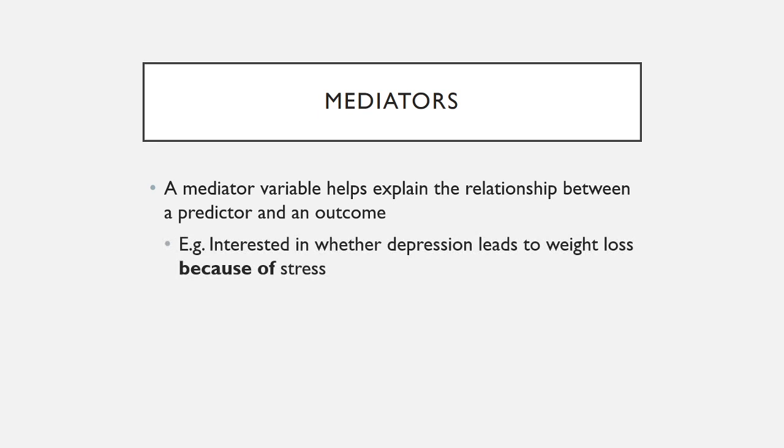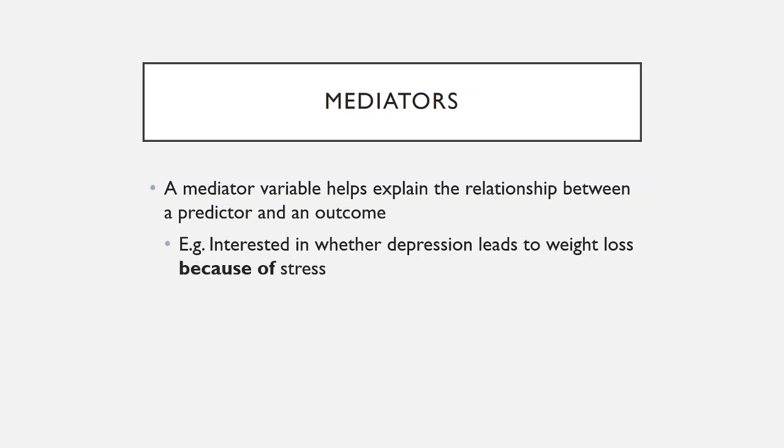outcome. Okay, so you might say that depression leads to weight loss. That's a pretty strong relationship. But what is it about depression that leads to weight loss? It would make sense that that relationship is complex enough that you think there might be some go-betweens or some mechanisms, right? You might say to yourself, depression leads to increases in stress.